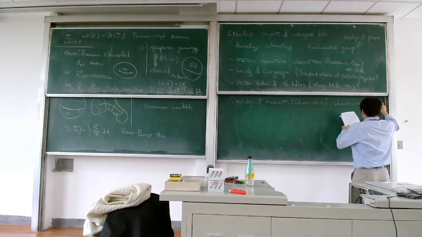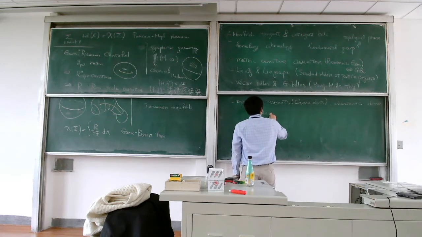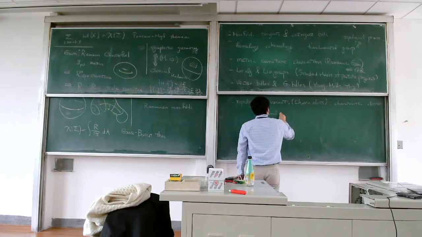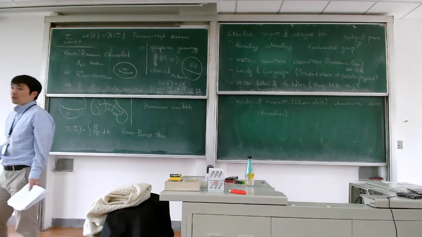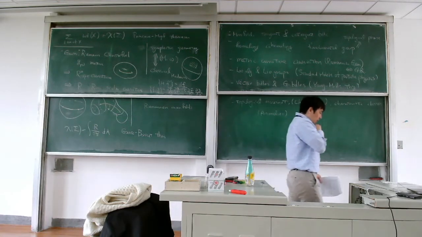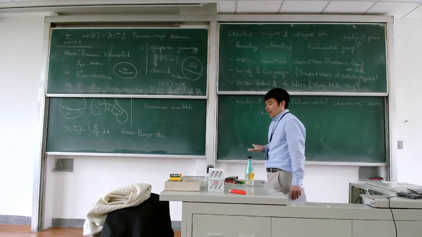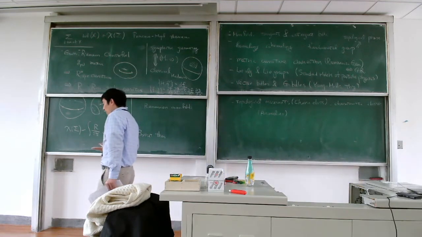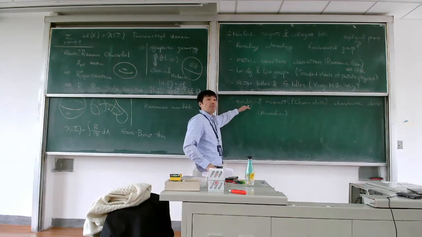So these are very essential to describe anomaly. Anomaly is the phenomenon where the symmetry is broken at the quantum level. So in quantum field theory, you have to deal with infinite dimensional degrees of freedom, which is usually hard. But one can associate some quantity in quantum field theory to a topological invariant.